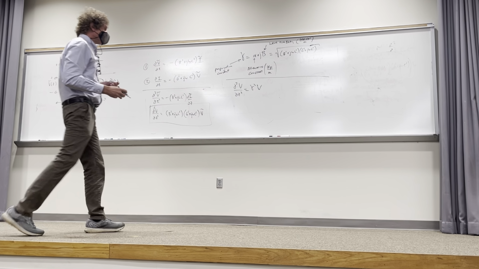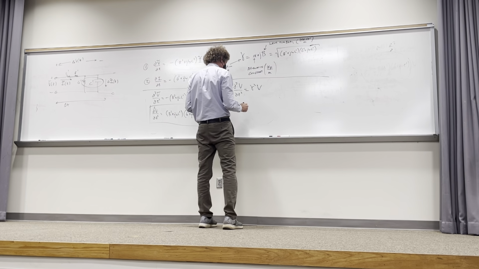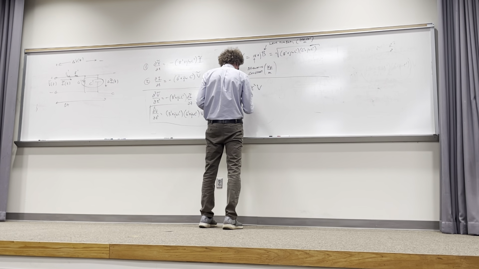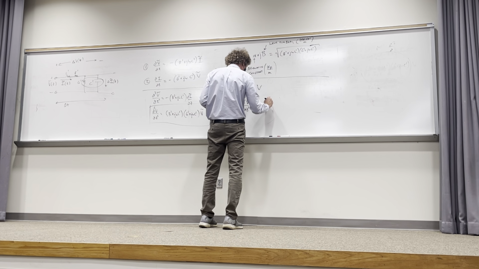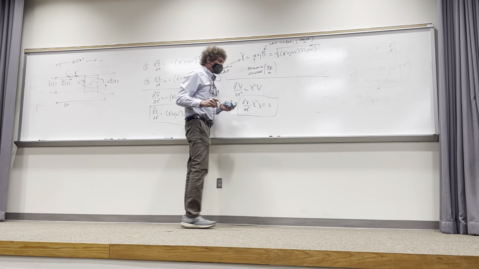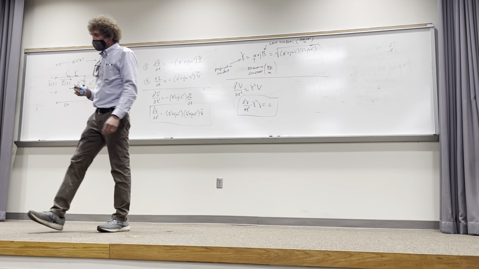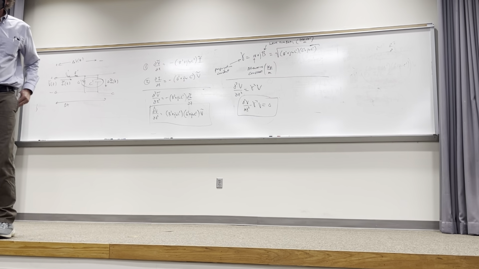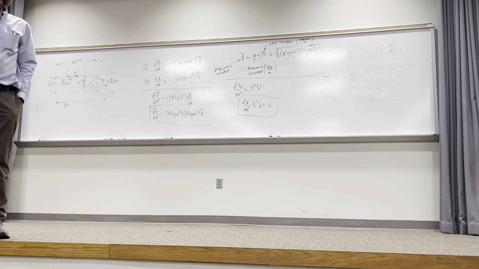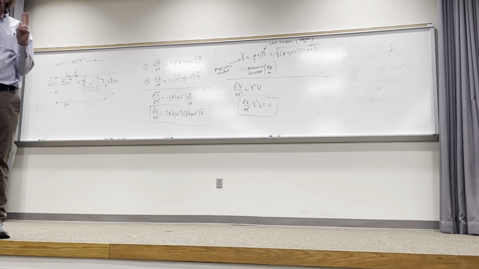When we look at that, we can write a homogeneous second order equation: the second derivative of v with respect to z squared minus gamma squared v equals 0. This is a common equation that you had back in the days when you took differential equations. Now something I'll tell you right now, in engineering and physics, everything that we deal with, solve, and design with involves two types of equations.